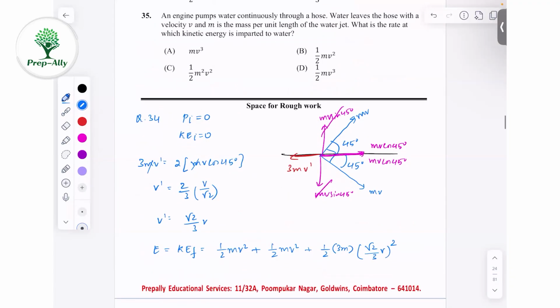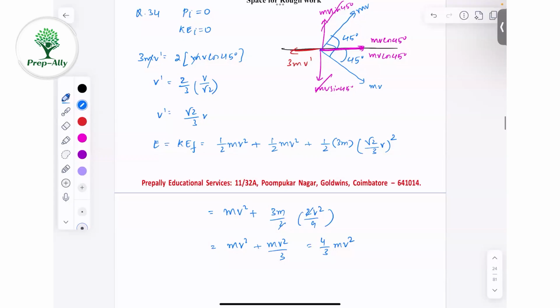Question 35. An engine pumps water continuously through a hose. Water leaves the hose with a velocity v, and m is the mass per unit length of the water jet. So what is the rate at which kinetic energy is imparted? Okay.